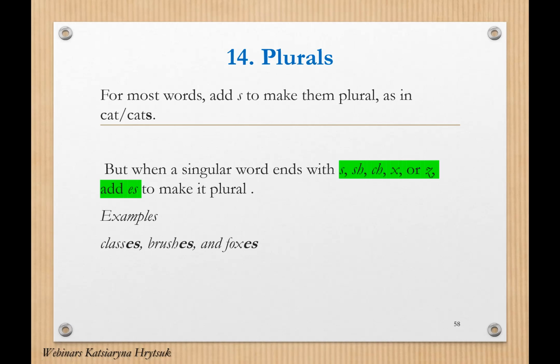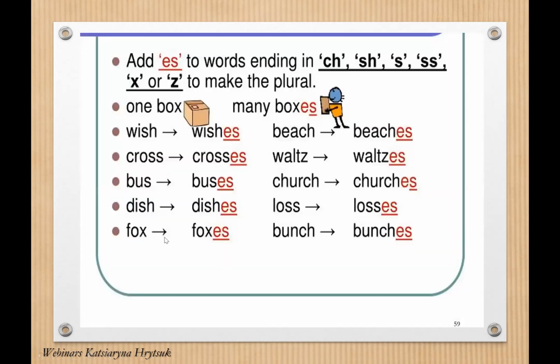So don't be so fast. When we make plurals, it also makes a rule for the phonics. When singular words end with sh, ch, s, x, or z, we add es. So that's why we read glasses, not glass. Brushes, foxes. So it's rule number 14.